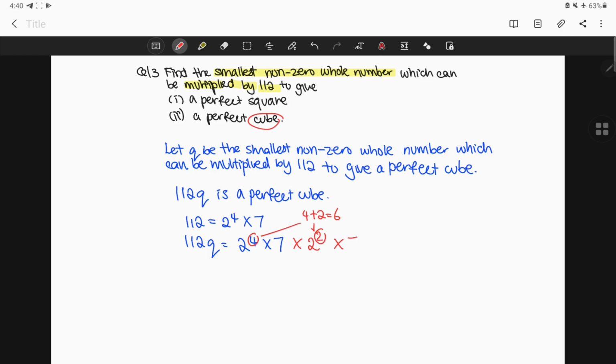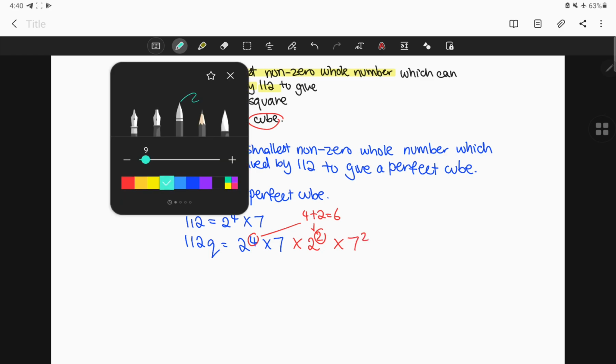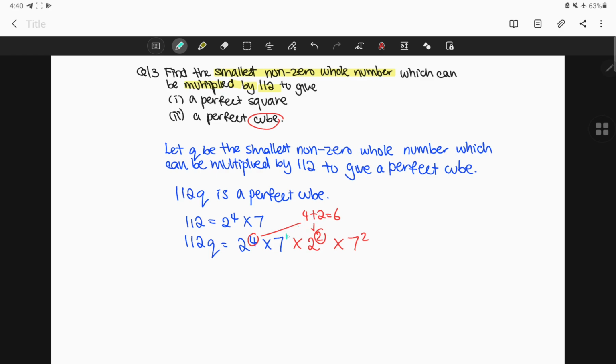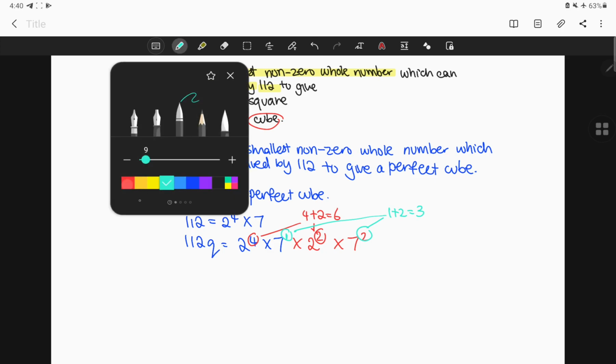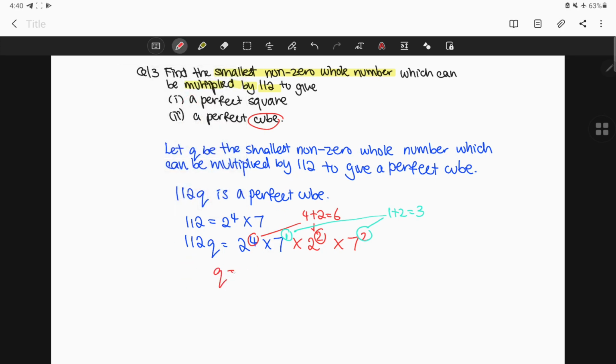And then we have to multiply by 7 to the power of 2, because this is to the power of 1 and this is to the power of 2, so when we add them together we will have 3. So therefore q is equal to 2 to the power of 2 multiplied by 7 to the power of 2, which would give you 196.